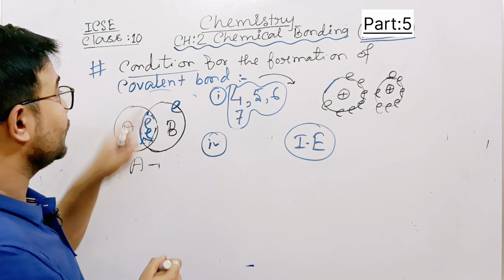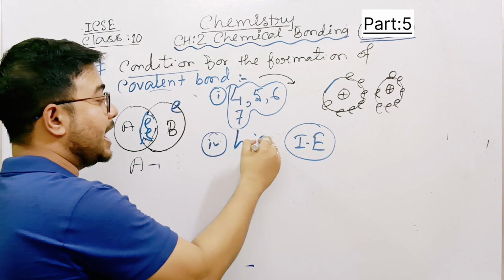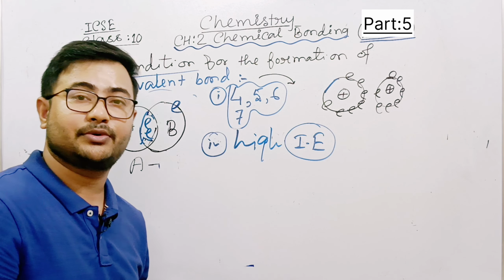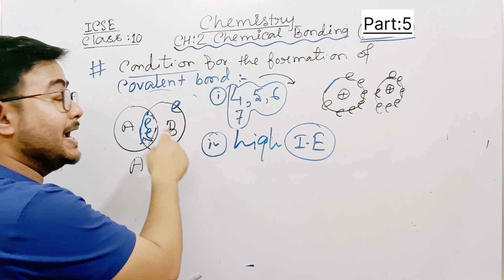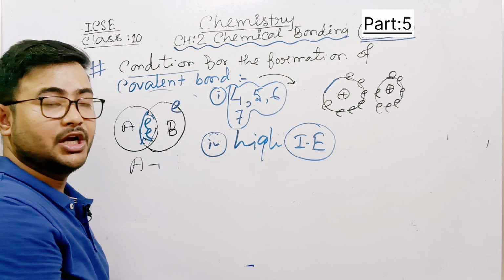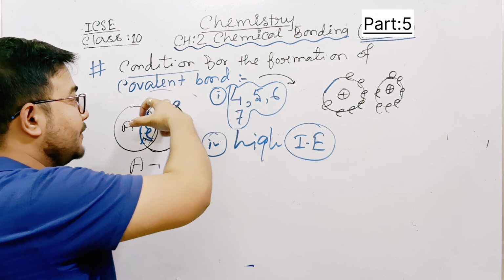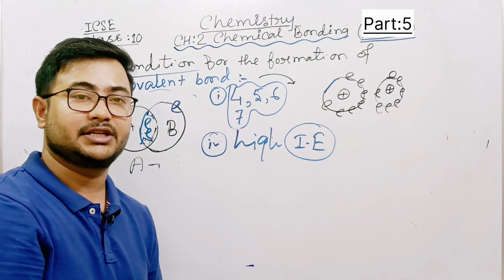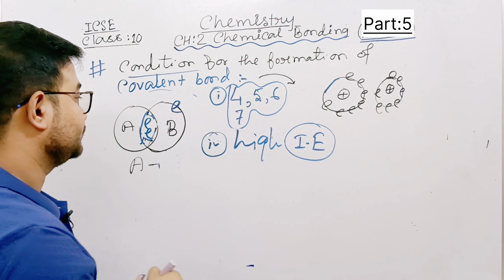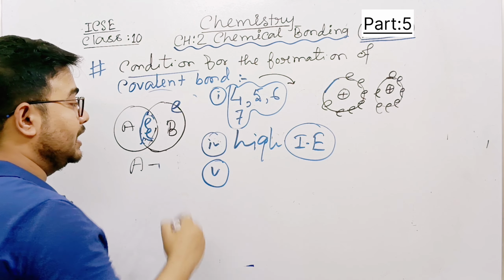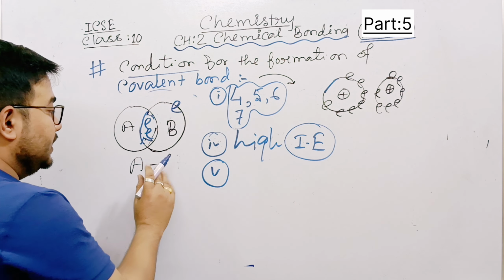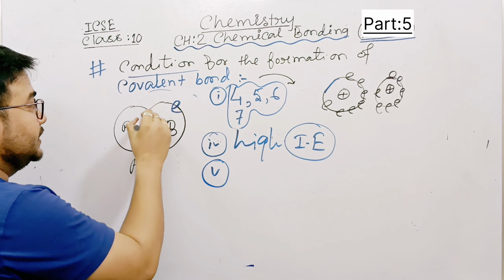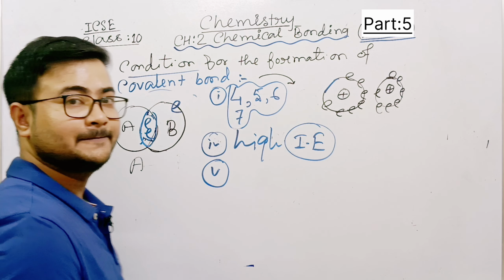So in case of covalent bond, high ionization energy is also required, because you cannot pull out the electron, or these atoms do not try to lose the electron. So if you try to take it, you have to give more energy. Do you understand? Done. Last and final condition. In the covalent bond, they will form this common space.